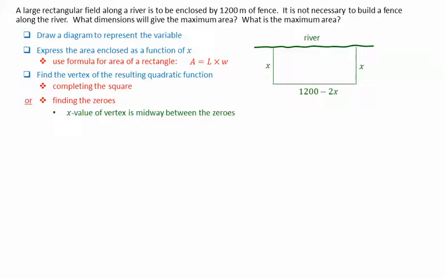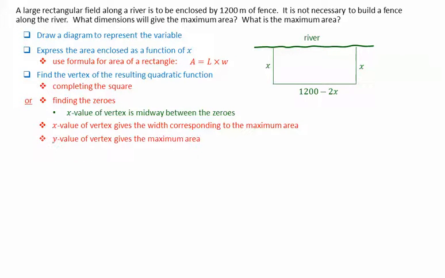Note that the x value of the vertex will be midway between those zeros. The x value of the vertex will give the width corresponding to the maximum area, and the y value of the vertex actually gives the maximum area.